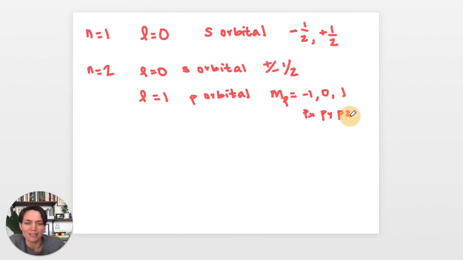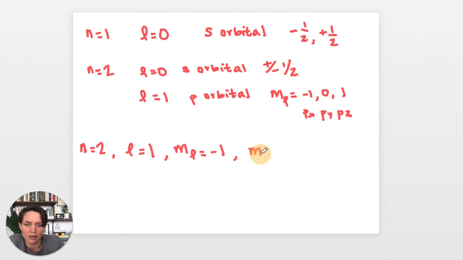Your recitation packet, and very annoyingly OWLS, has you do a lot of these. If I was talking about one particular electron, I could say n equals 2, L equals 1, so I'm talking about the p orbital in my n equals 2 shell. My m sub L, let's say, is negative 1.